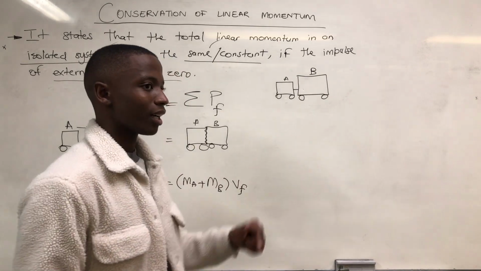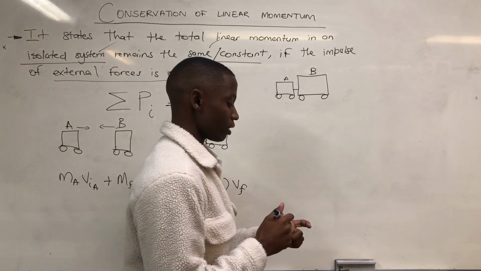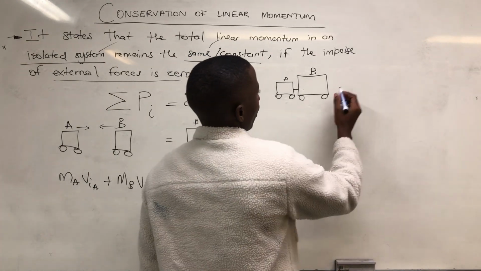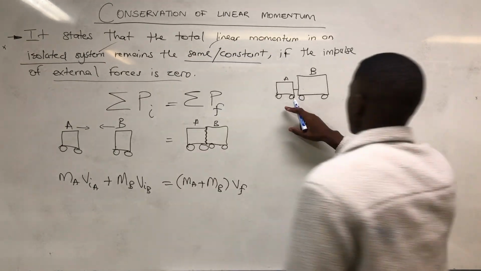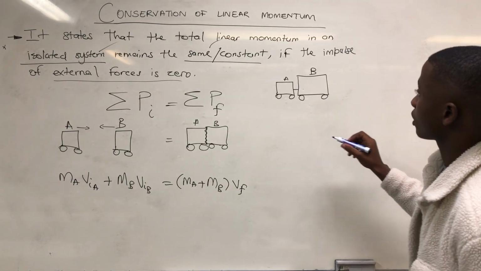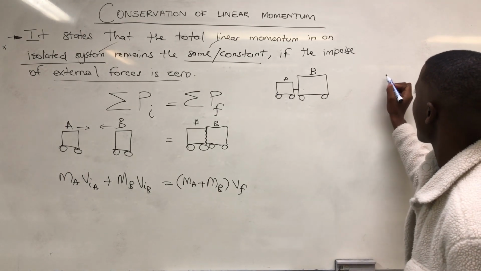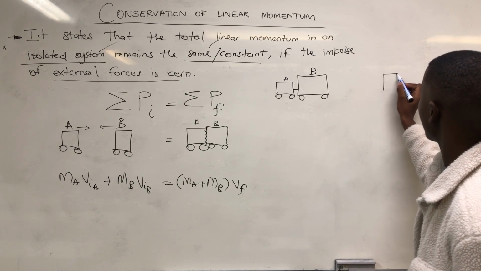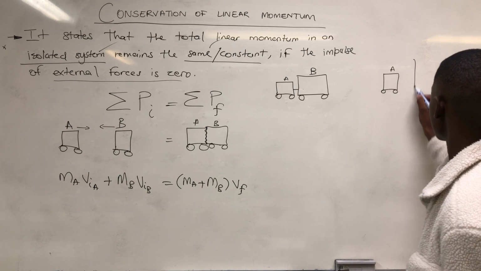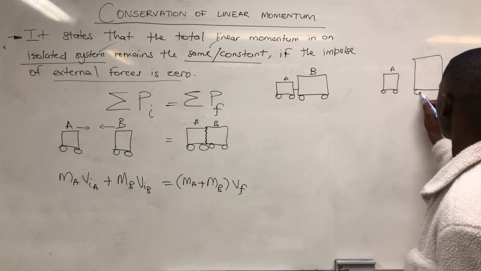This is an example of a car pulling a trailer or a cart. All right. So this is object A and this is object B before the collision. And this is object A and B separately after the collision.